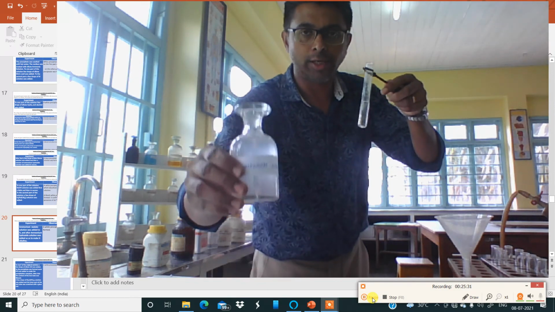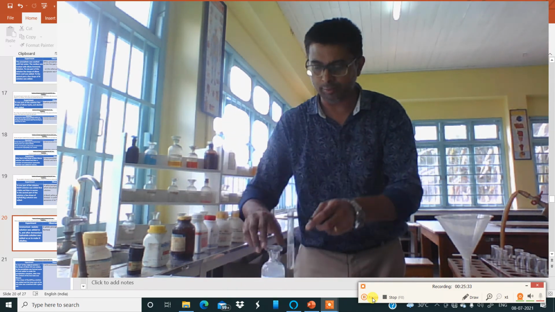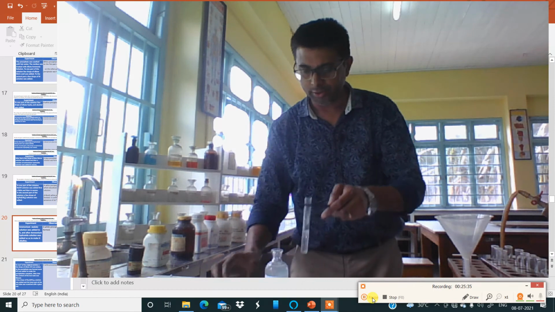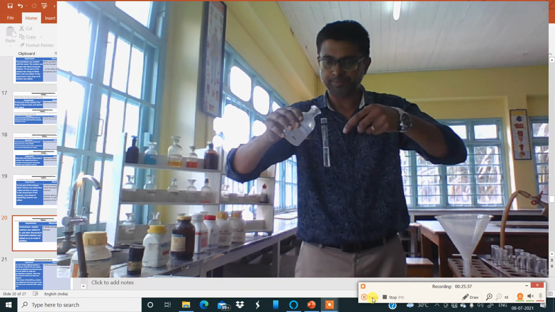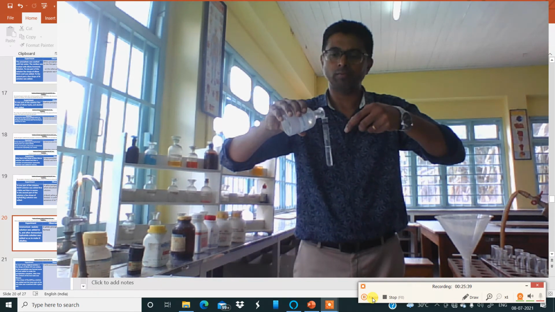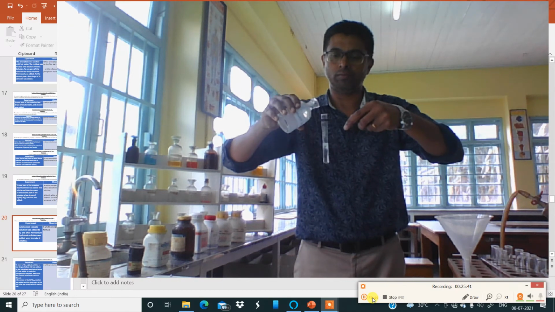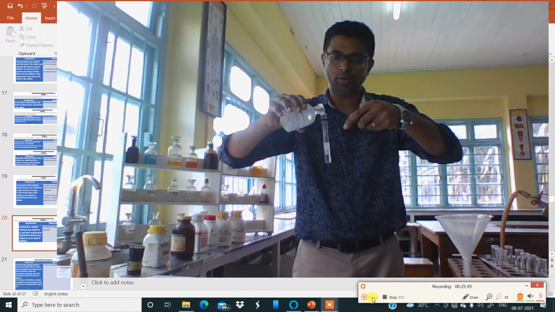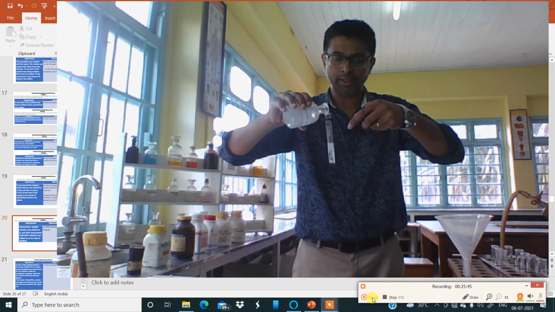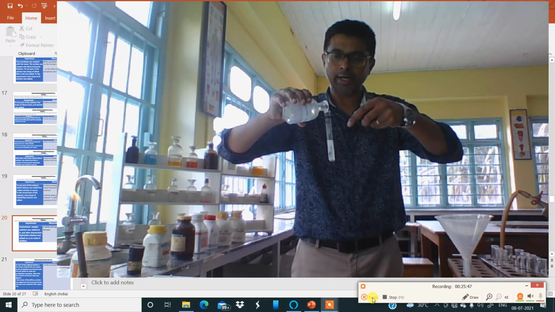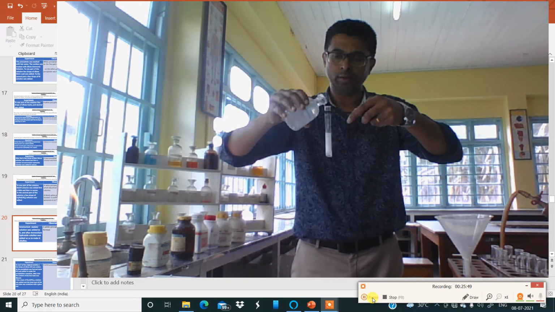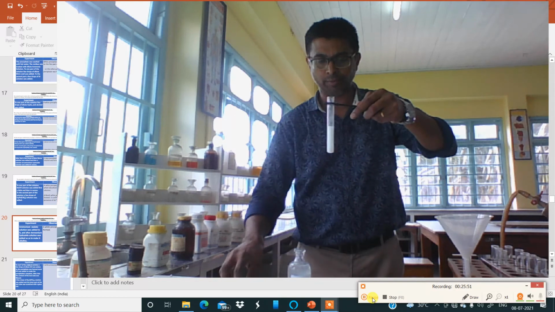I'll add this ammonium oxalate to this solution now. Upon addition of ammonium oxalate, a precipitate is starting to form. You can see the precipitate is formed.